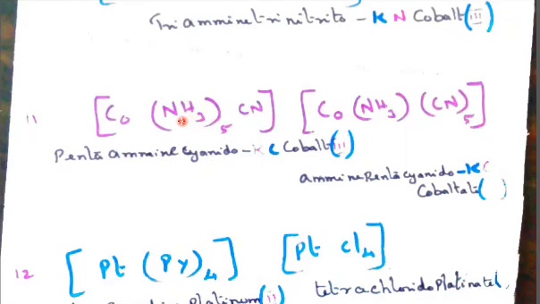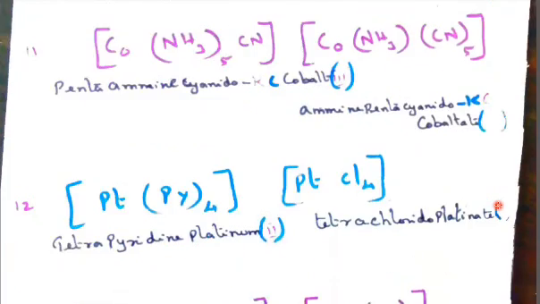Ammine starts with A and cyanido starts with C, so first you say ammine. So pentaamminecyanido-κC. Then the central metal ion cobalt, oxidation state +3, written in Roman numeral enclosed in a closed bracket. Then here only one ammine and 5 cyanido, so ammine should be said first: ammine, penta, cyanido-κC, then cobalt(III) in a closed bracket.